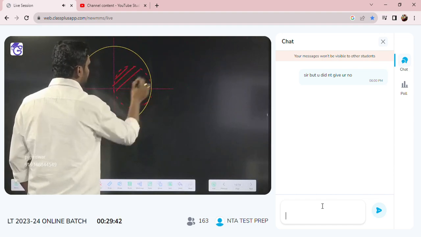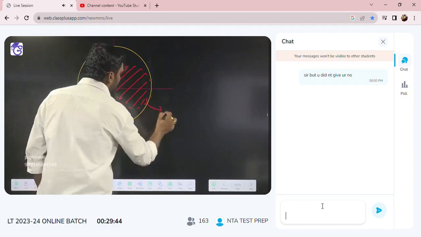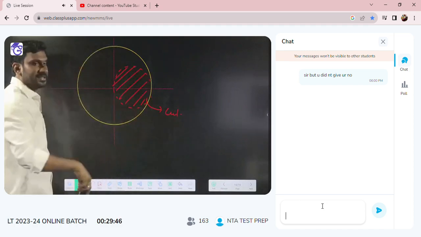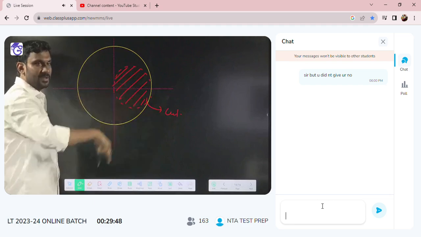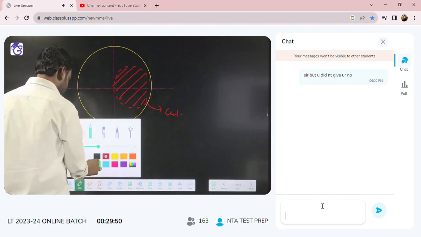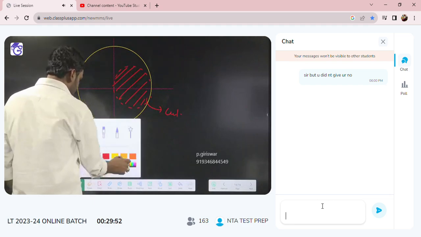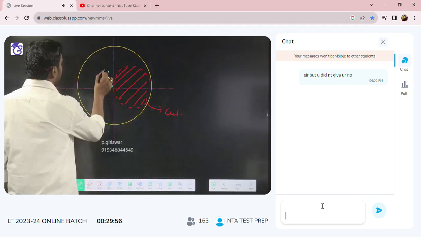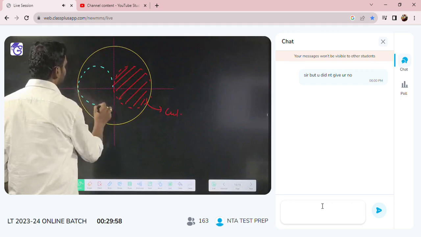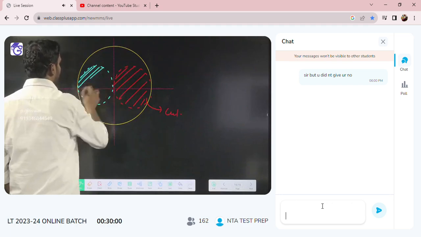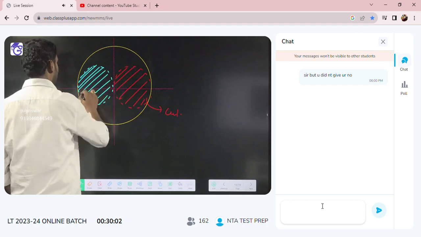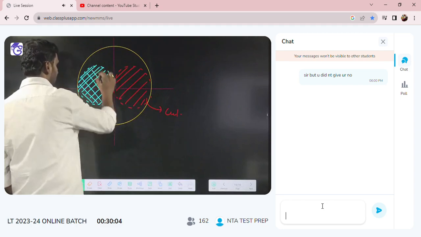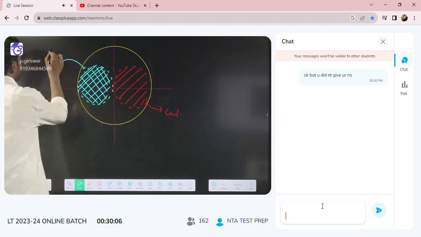This portion is cut from the right side. Now what we are doing, it is cut from the right side and symmetrically pasted on the left. Here this element is pasted.